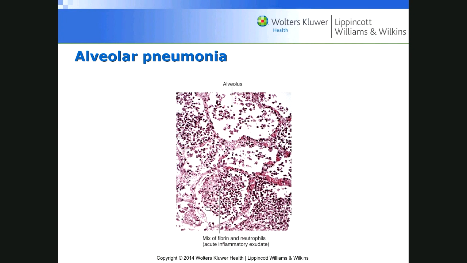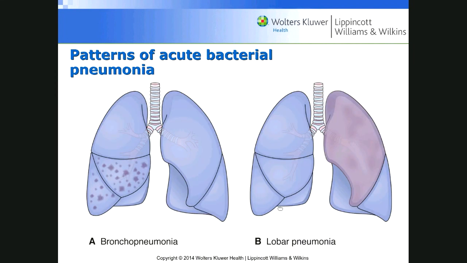Alveolar, in the alveolus, that you can see here. Okay. So this is considered alveolar type, acute pneumonia. In this case, it's lobar. It's Streptococcus pneumoniae. For broncho, MRSA, for example.